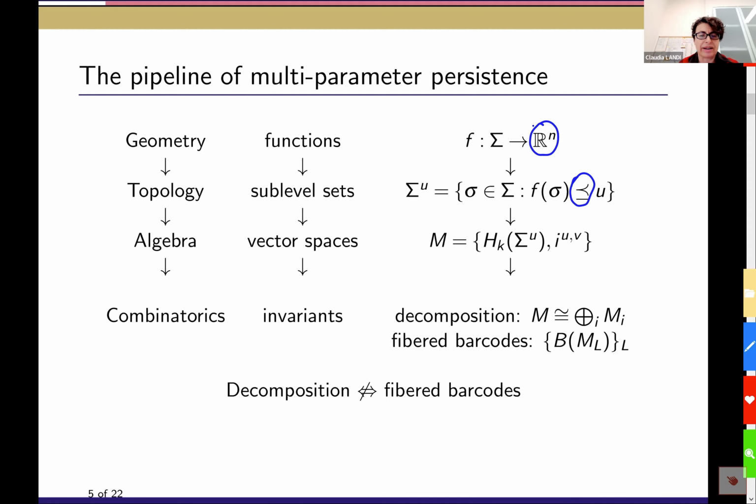And so there are classical theorems from commutative algebra that again guarantee the decomposition, but unfortunately the indecomposables are not of a simple shape.